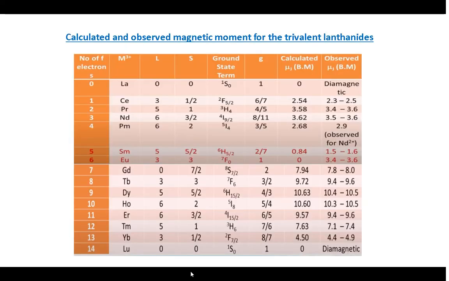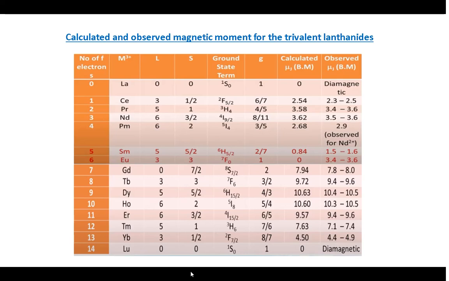Calculated and observed magnetic moments for the trivalent lanthanides are shown here in this table. Landé formula fits well with observed magnetic moments for all the lanthanides except Sm3+ and Eu3+. The magnetism of these two ions is best studied in combination with that of promethium and terbium.